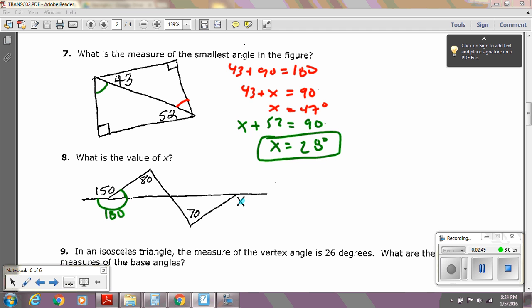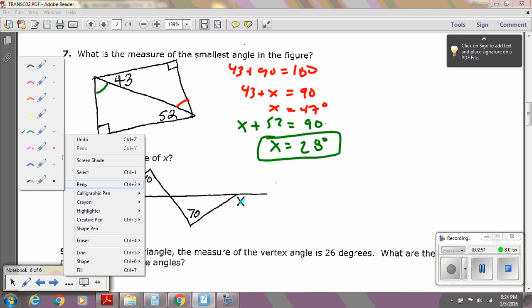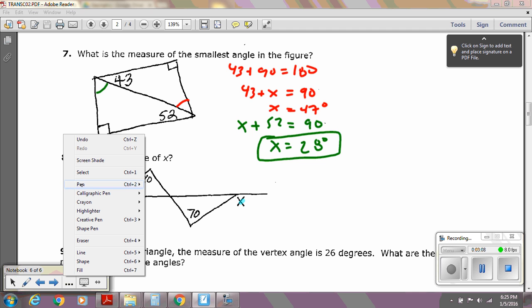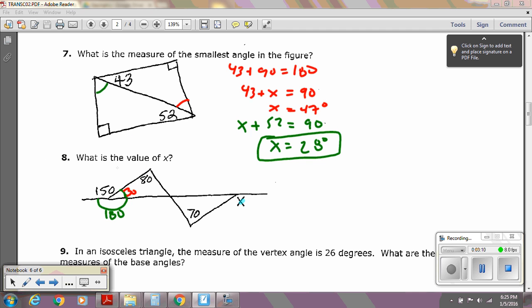So I know that if I have a total of 180, the missing piece, or the small part, would be 30. Okay? Now that leads me to be able to find the missing angle in that triangle, which would be in this corner here.